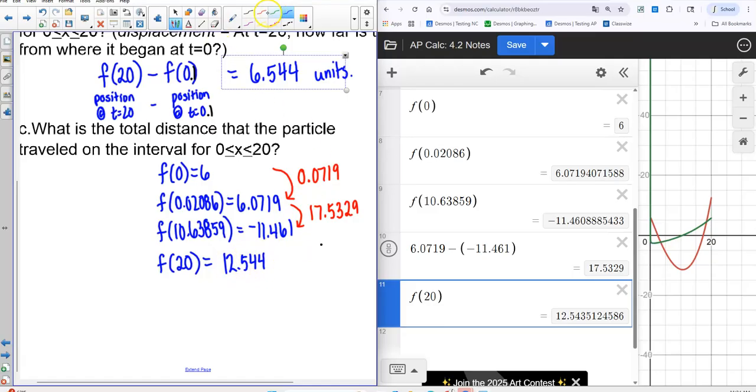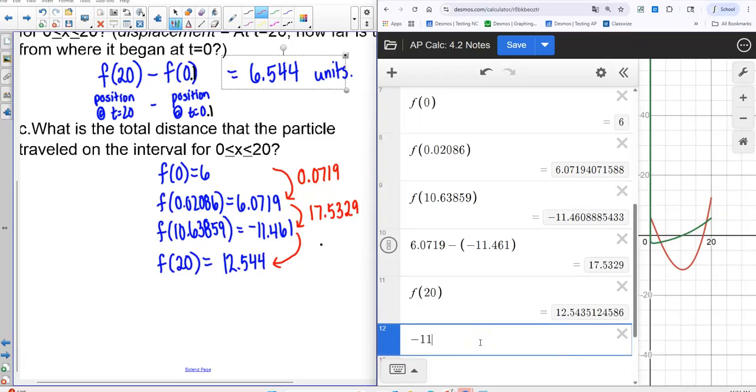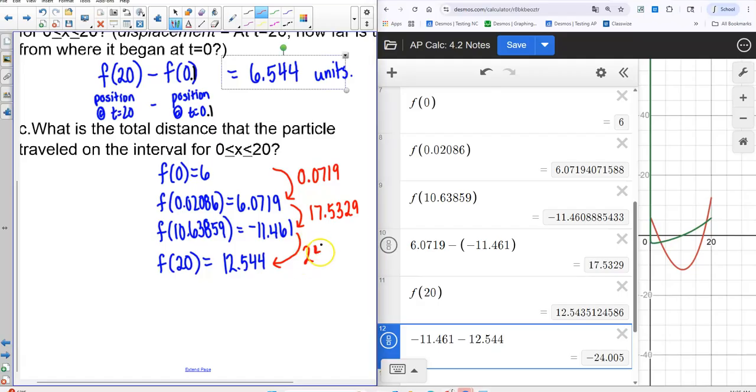Okay, so from negative 11.461 to 12.544, if we subtract those two, I'm getting negative 24.005, but distance is always positive. So we'll do positive 24.005. So we basically break it down into the length of each little leg of the trip, right?